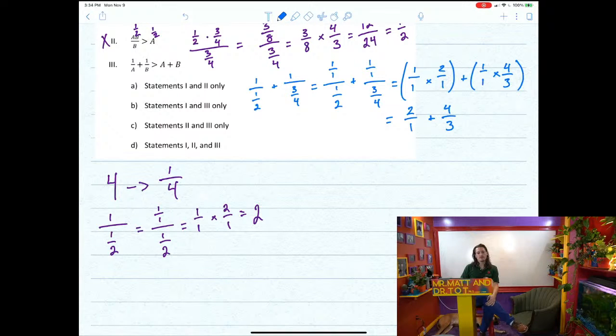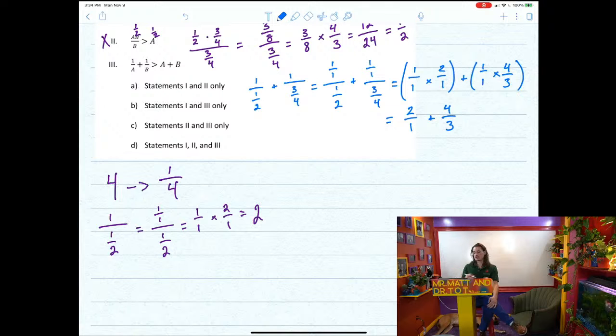If I were to think about those as decimals, 2 over 1 is 2, and 4 over 3 is going to be 1.3 bar, or 1.33333 repeating. So I already know that's greater than 1, and both these fractions, a and b, would at most be a little bit over 1. They couldn't be greater than 2 because neither of them can be greater than 1 individually, so their maximum sum would be less than 2.